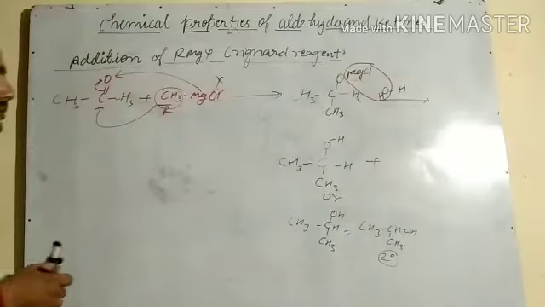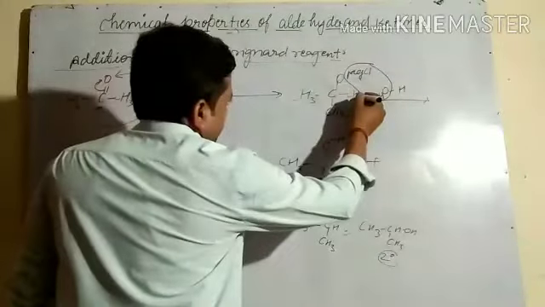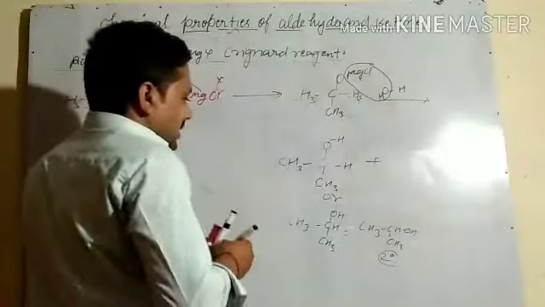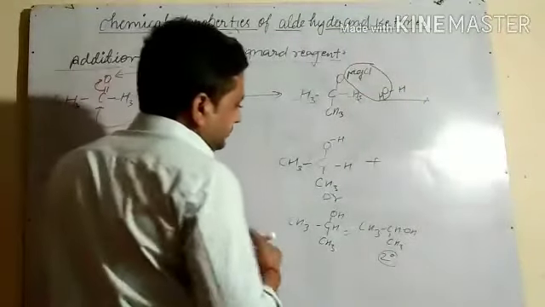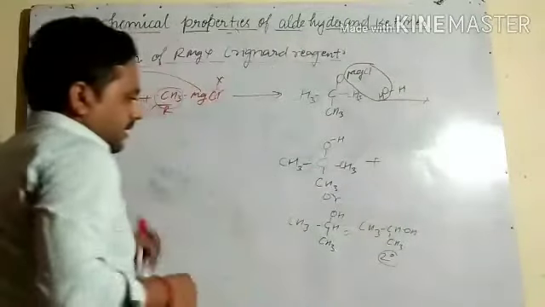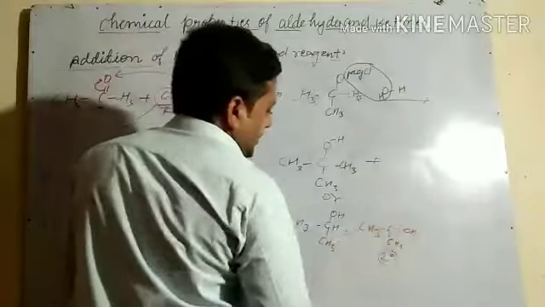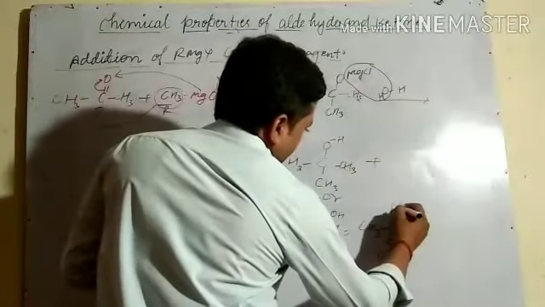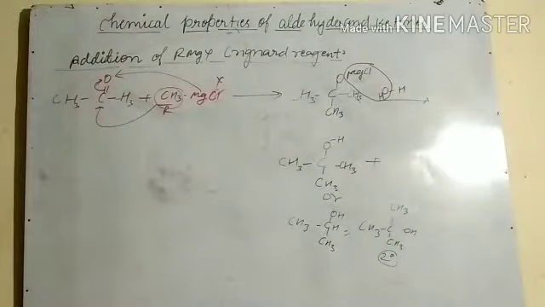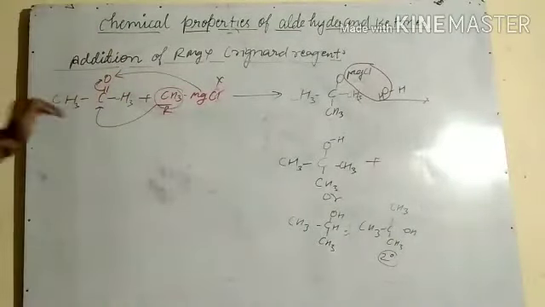If I took this acetone, then CH3, and instead of this, one alkyl group will be bonded here. So this is a tertiary alcohol. We have already studied this in the preparation of aldehyde. So this reaction is very important.